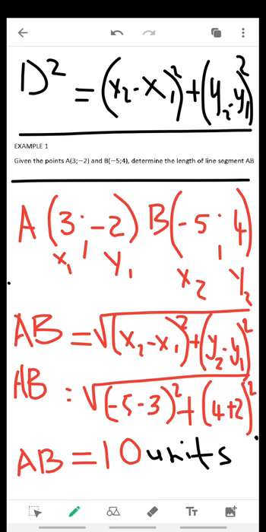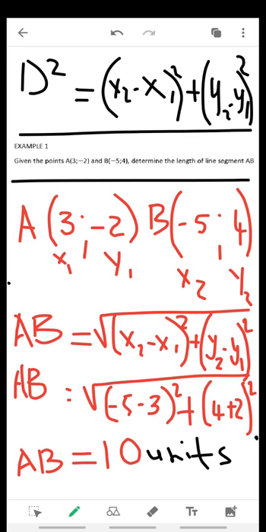First thing that I do, I write down A and B and their points. Then I start telling the examiner or the marker which one will be my x1, x2, which one will be my y1, y2.